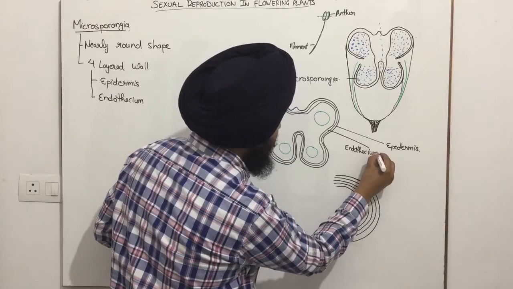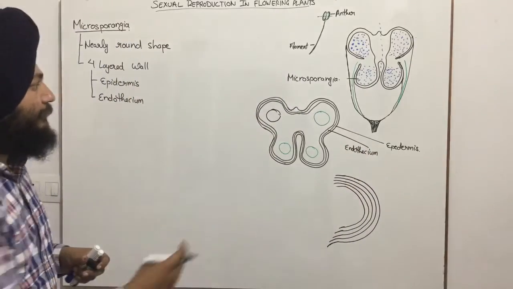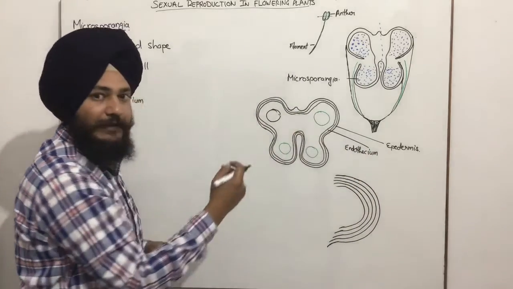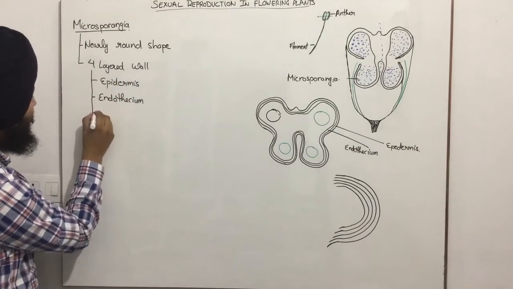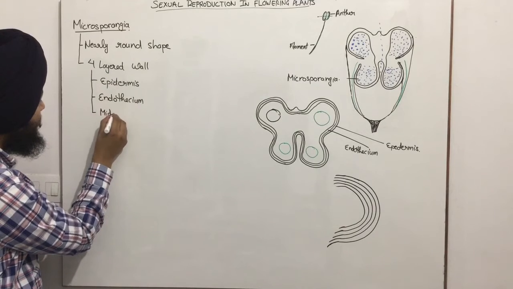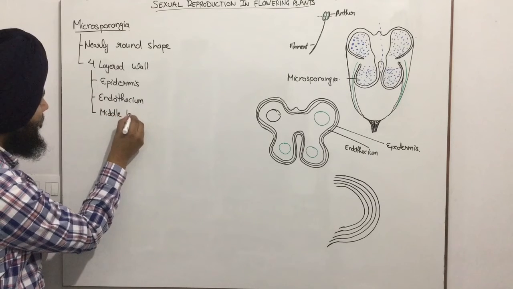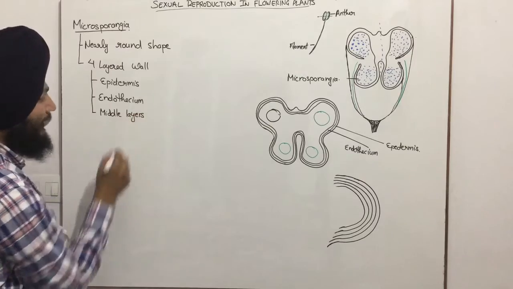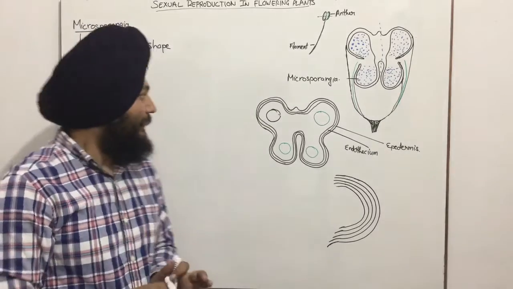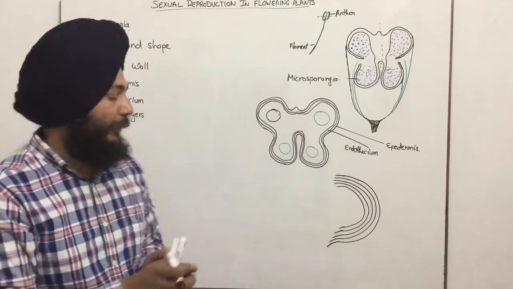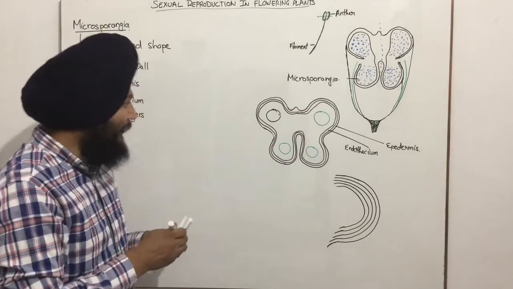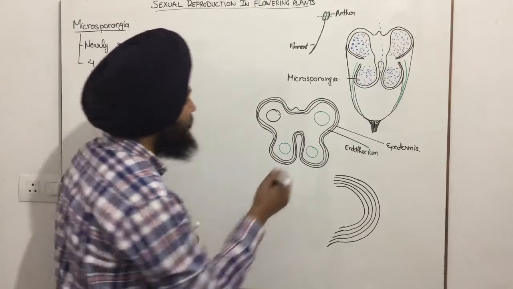This is the endothecium, and inside the endothecium there are a certain number of layers that are called the middle layers. So inner to these, we have the middle layers. And just outside the microsporangia, we have another layer that is called the tapetum.